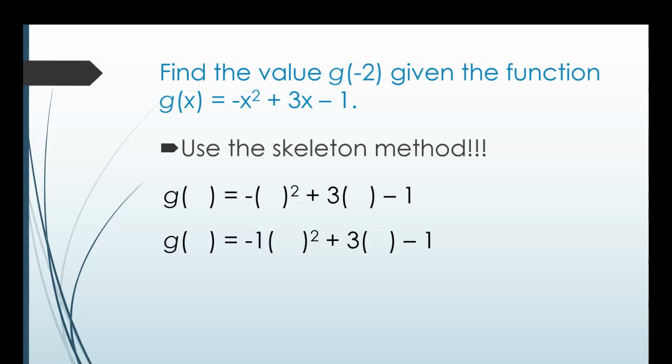Now, another thing that we're going to do is replace that negative sign that was in the beginning of the function in front of the x squared. That was the coefficient on the x squared term. That's really a negative 1. So I want to make sure that we all see that. This negative sign out in front of the x squared was the leading coefficient of the x squared term.